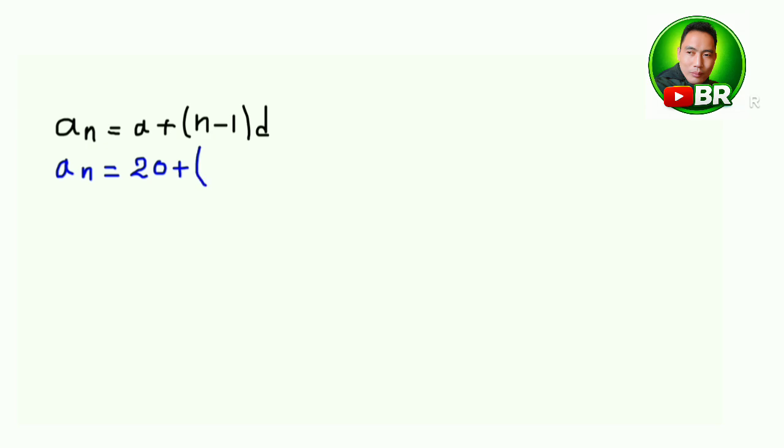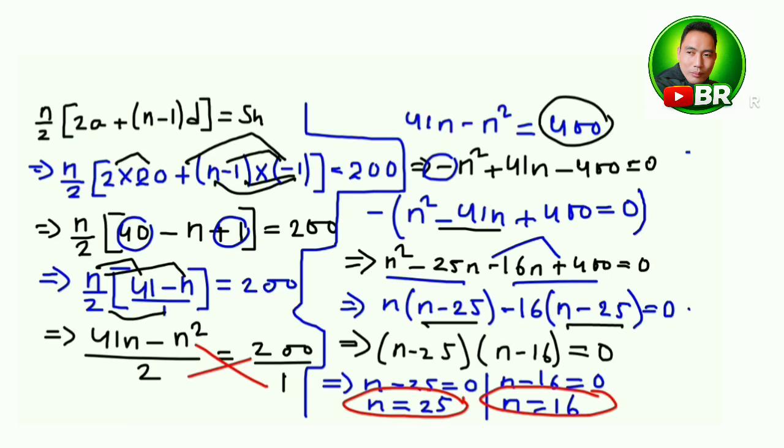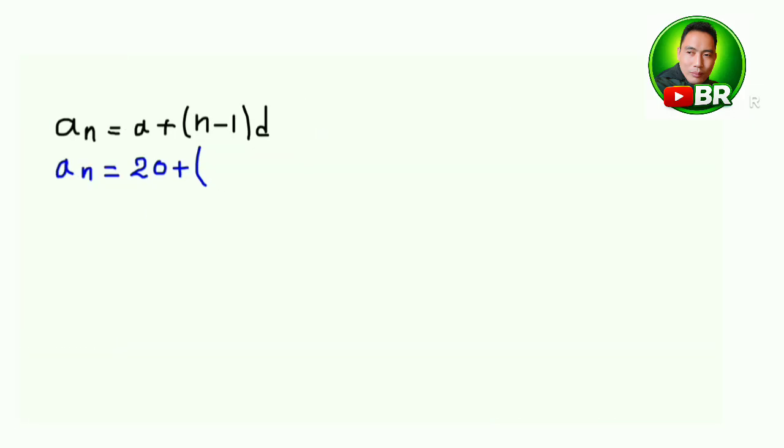We have two values of n. Firstly, let's take the first value of n, that is 25.